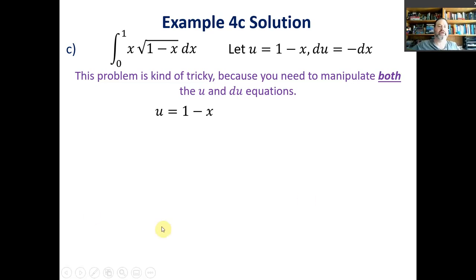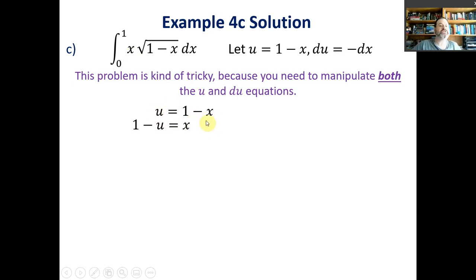So let's look here at this, and then look down here and say, how do we get this to look like that? Normally, what we had seen in earlier problems was that this x and dx would appear together in the differential, but that's not what happened. So if you end up with a rogue x that just won't go away, try to manipulate the u equation.